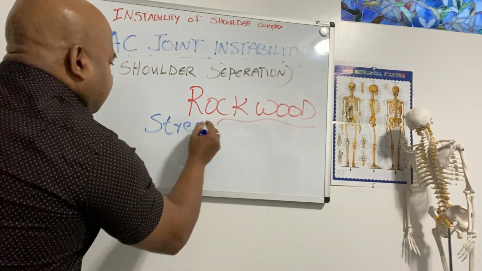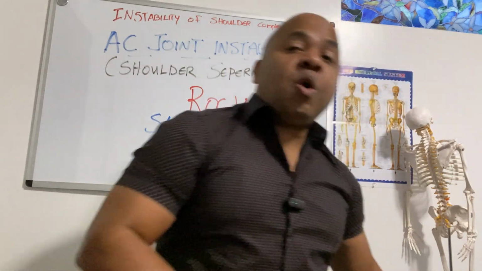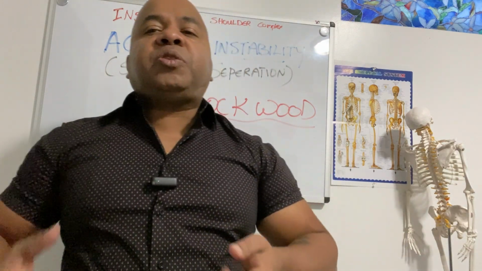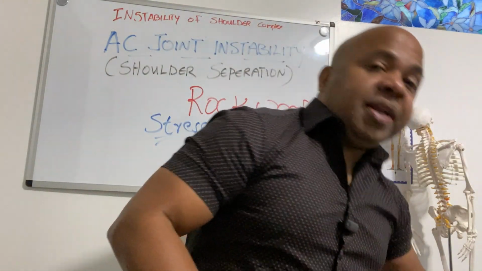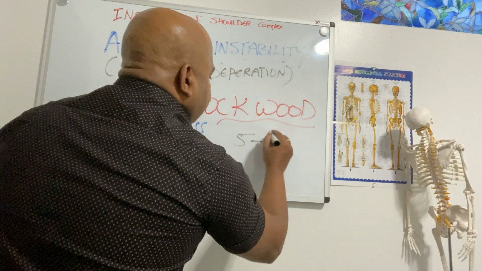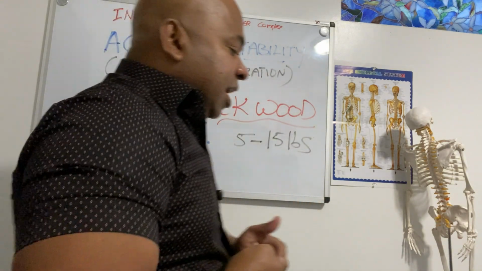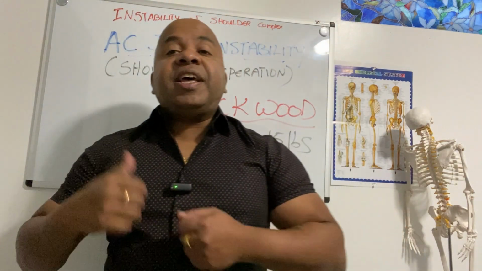Actually we are stressing the acromioclavicular joint. Here we are giving an inferior stress at the acromioclavicular joint. So ask the patient to hold dumbbells. The maximum weight of the dumbbells the patient holds is between 5 to 15 pounds in case of the inferior stress test.